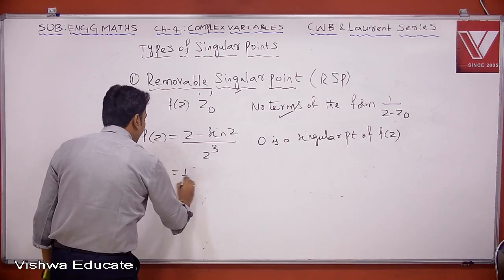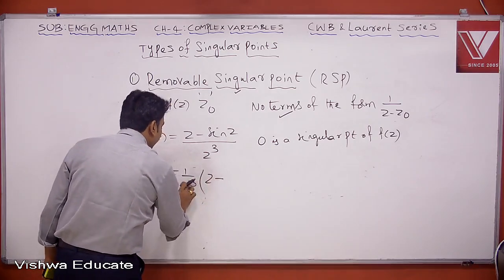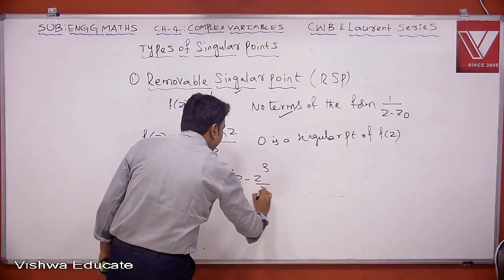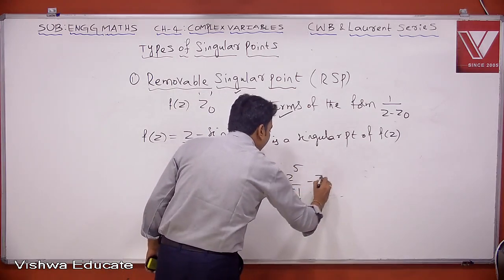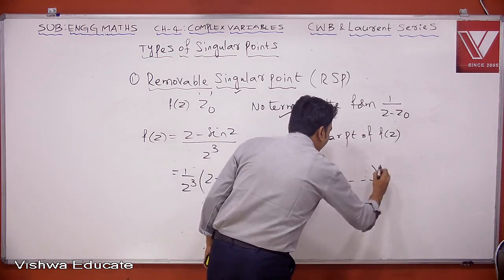But its singularity can be neglected by going for series expansion of this. Let us see, this is 1 by z cube into z minus, the series expansion of sin z is z minus z cube by 3 factorial plus z power 5 by 5 factorial minus z power 7 by 7 factorial plus and so on.